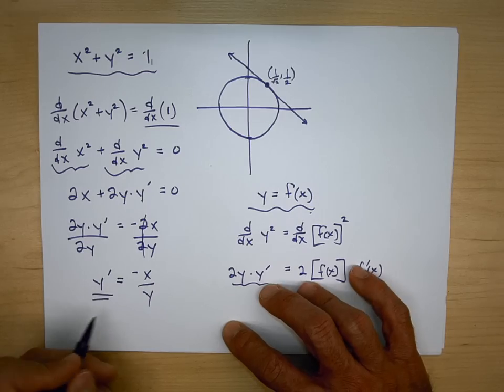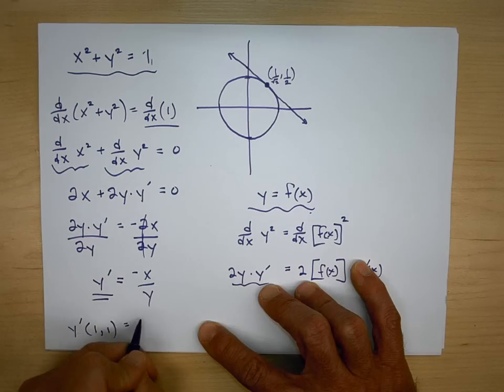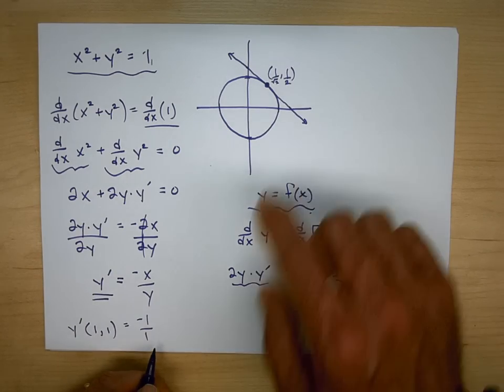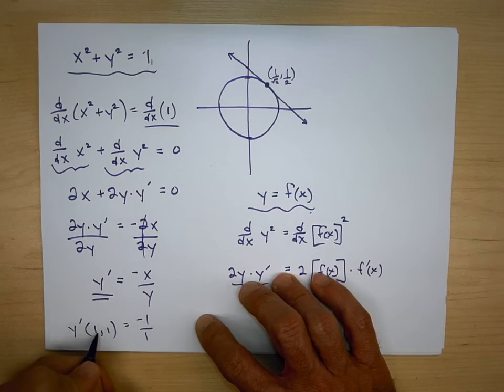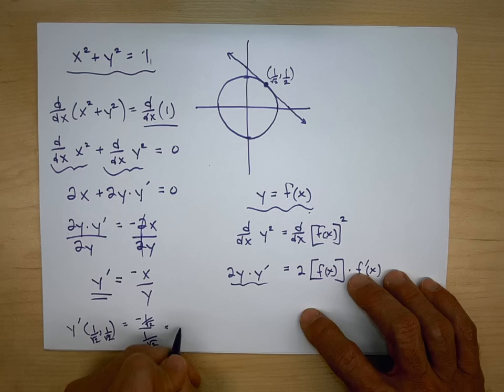So notice then, y prime evaluated at 1, 1 would give us negative 1 over 1, although that's not actually our point, right? Our point is 1 over square root of 2, 1 over square root of 2. That still works though, right? Because negative 1 over square root of 2 over 1 over the square root of 2 still gives us negative 1.